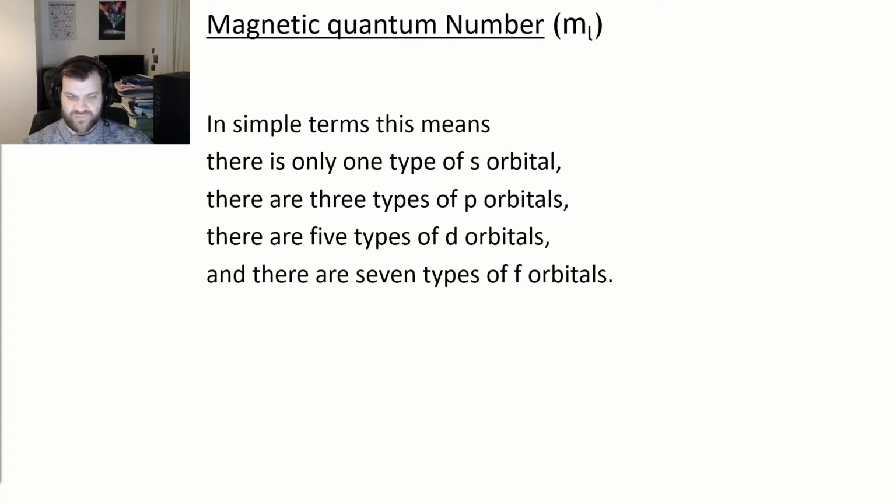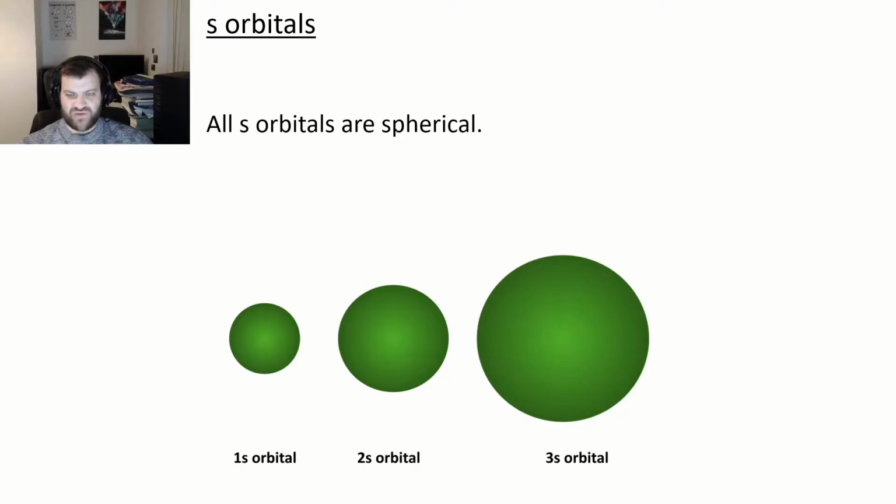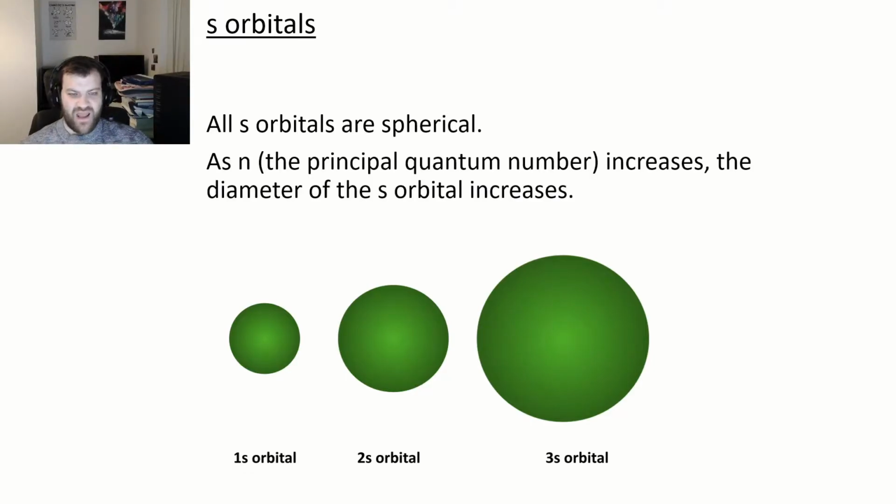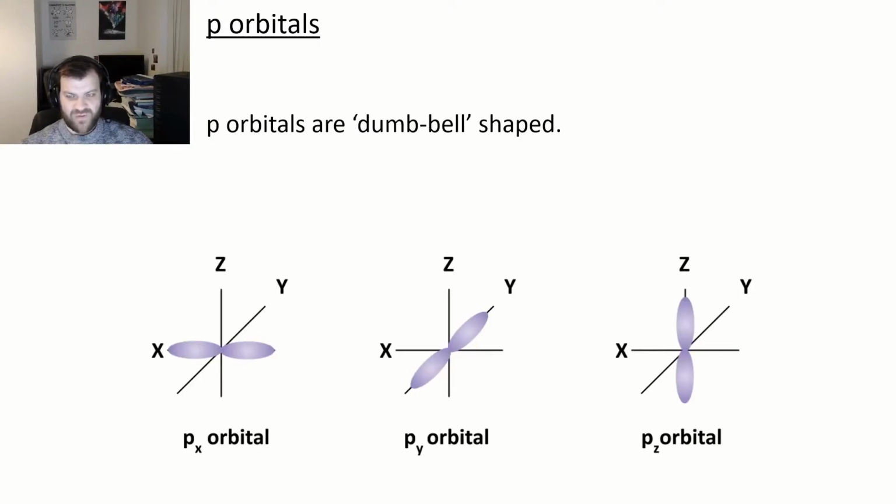Our s orbitals are spherical, and as the principal quantum number increases, the diameter of that orbital will increase. Each of our s orbitals can hold a maximum of 2 electrons. When it comes to our p orbitals, these have a dumbbell shape, and we have these lying across the different axes.